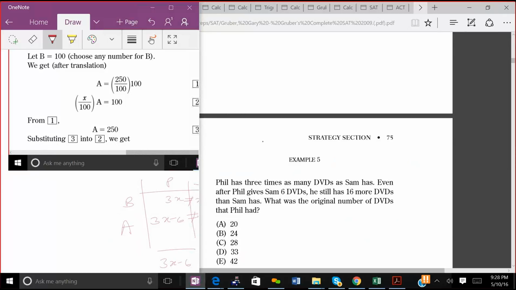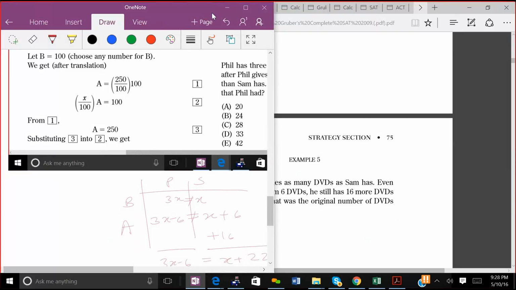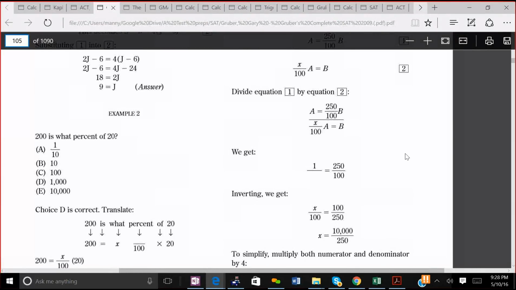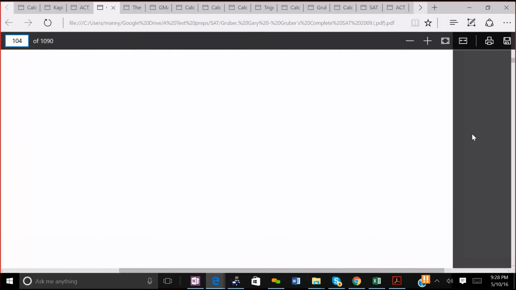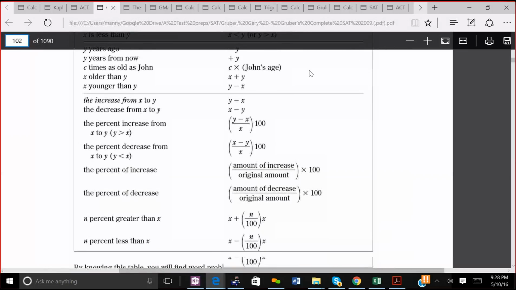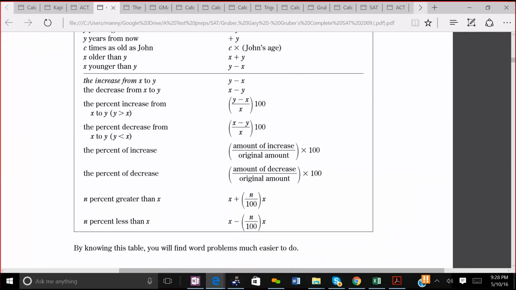All right. Move on. The next app is about percentage. Let's go back to the translation table and I'll show you something first. See, these are a bunch of apps for percentage. You might want to take a picture of this, but I'm going to summarize all this. Go ahead and take a picture.